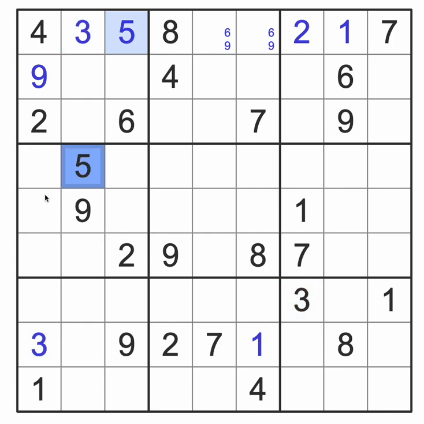And now this 5 blocks these, so 5 comes in here. These 3 cells will be 6, 7, and 8, and 7 and 8 are here blocking this cell. Gives me 6, and gives me a 7 double, and these will be 1, 3, 4, which I don't think I can do much with at the moment.